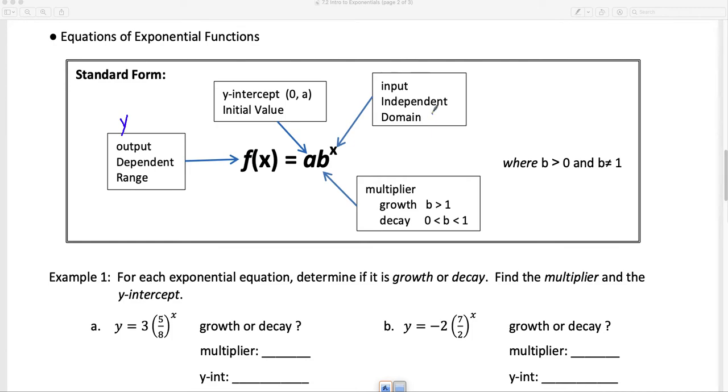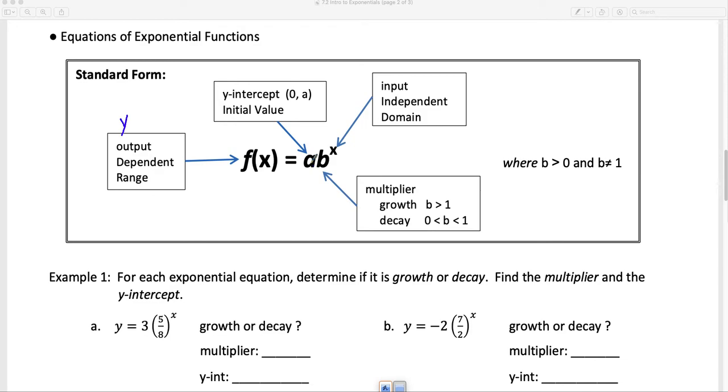So what can I say at this point? I can say that for all functions, the two things they will always have in common is they will all have an input that means exactly the same thing every time, and they will all have an output that also means exactly the same thing every time. What's going to vary is everything else. Always an input, always an output, and here's the rest of it.